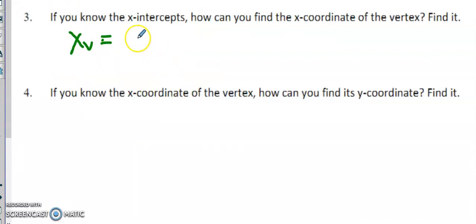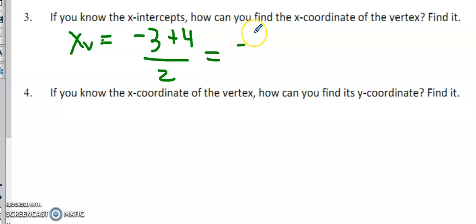So if I take the -3 and the 4, and if I add those together and then divide by 2, that would give me positive 1 over 2, so positive 1/2.